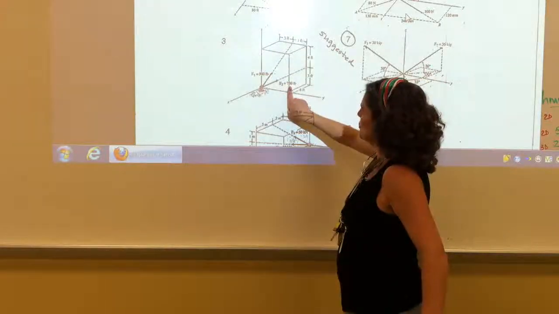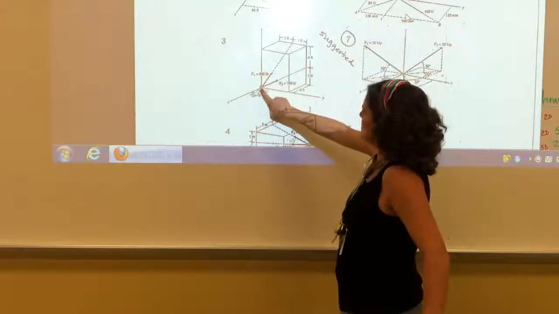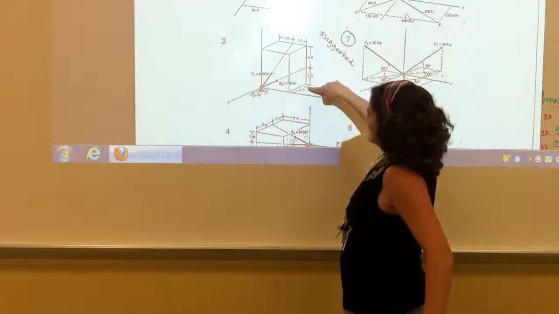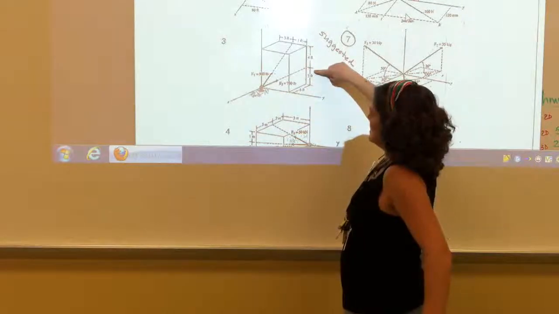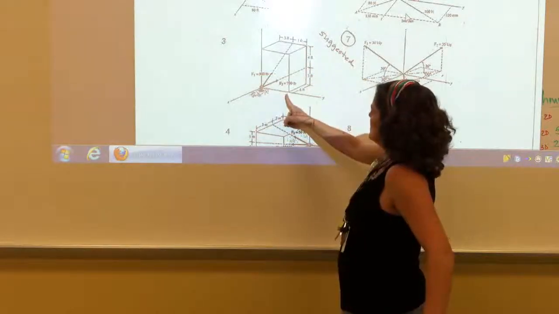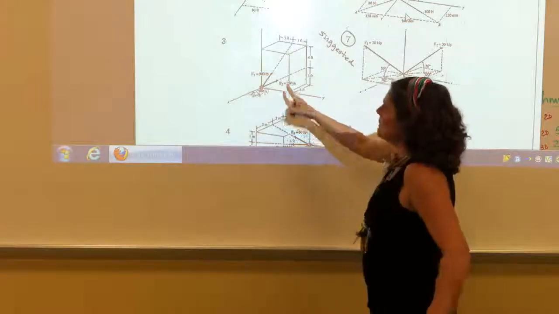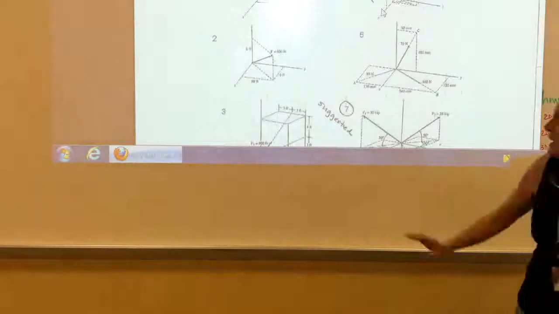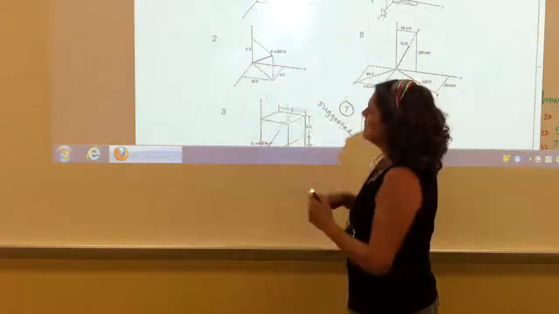You could see that the force 700 pounds goes from here to here. It goes a value in the negative x, a value in the positive z, and a value in the positive y.